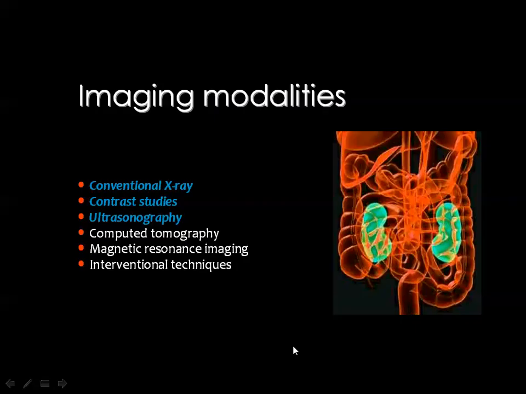Then, as you all know, we have too many modalities for evaluation of the gastrointestinal tract, including the conventional X-rays, which are very, very important in the pediatric population or pediatric evaluation. Then the contrast studies, including barium and gastrographin, ultrasound, which is a major diagnostic modality, CT, MRI, and some of the interventional techniques.